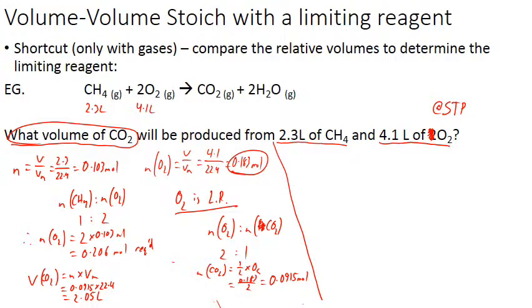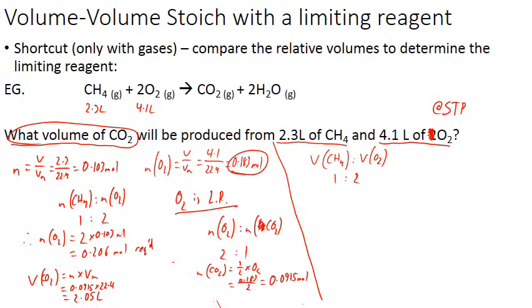Okay. What we can do is we can treat the volume ratio as being the same as the mole ratio. So we can look at the volume of CH4 compared to the volume of O2, just like the mole ratio, is a 1:2 comparison.